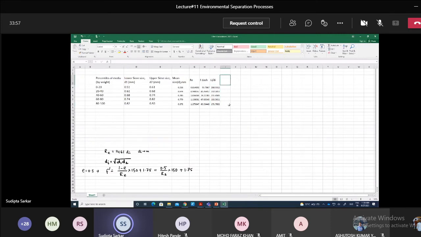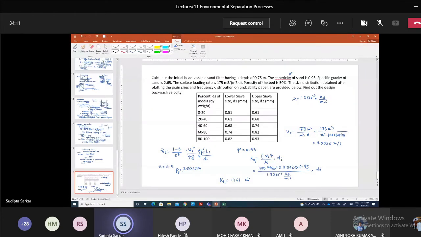Okay, now we have done everything, and what we need to do now is find out f dash into Li by Di. If you look at this, we have Fi dash Li by Di. So let me try to do that.